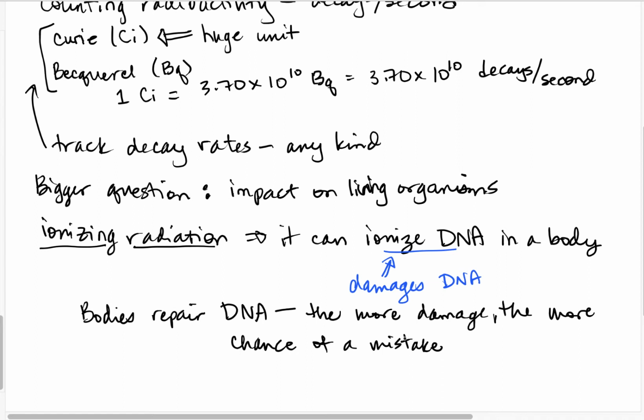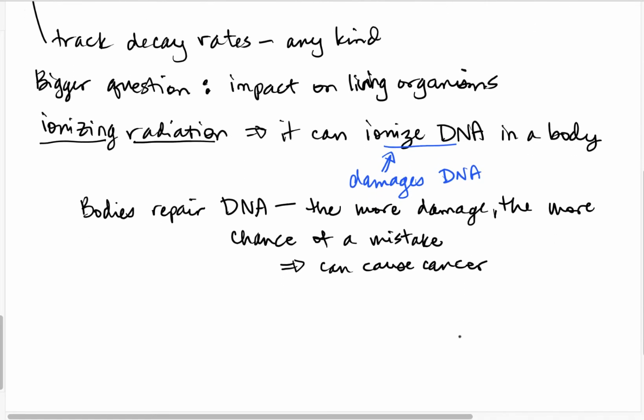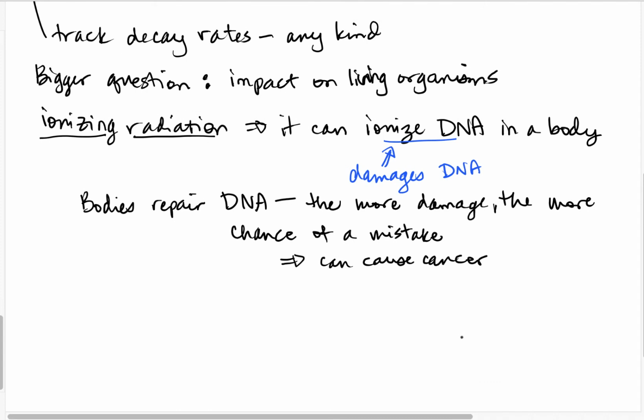The problem is if you have some minor problem with the DNA and the body either doesn't notice it or fixes it wrong, then this can cause cancer. And so ionizing radiation is related to increased rates of all different kinds of cancer, depending on what kind of ionizing radiation we're talking about.